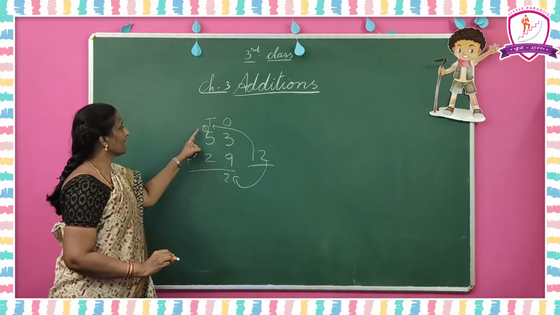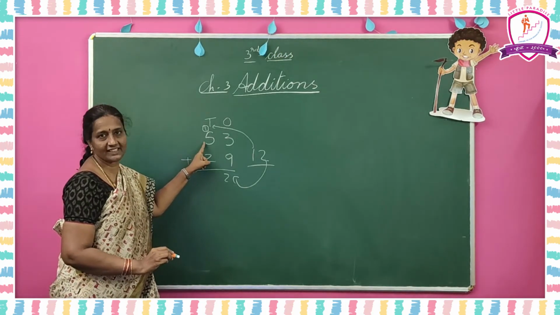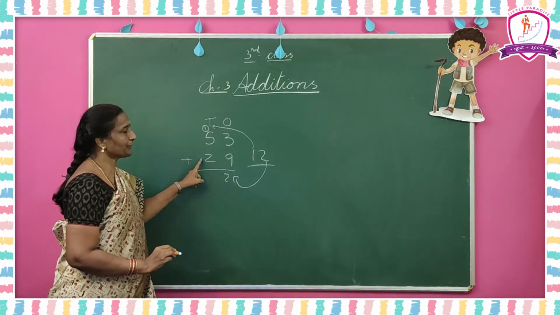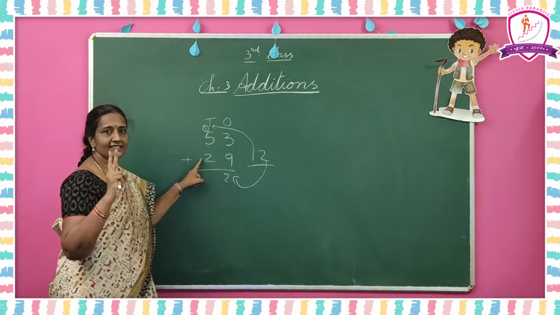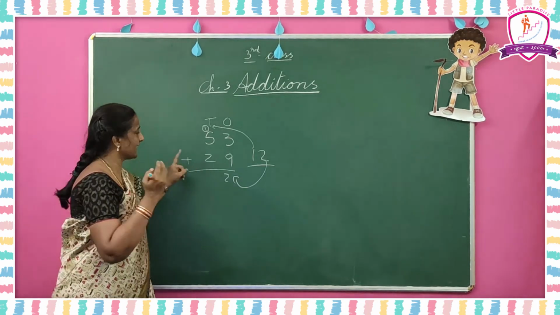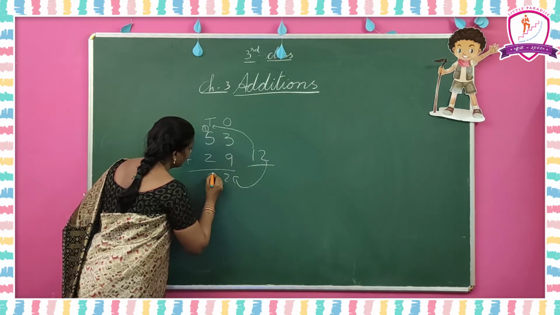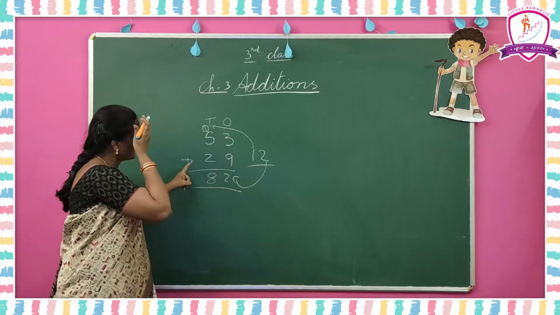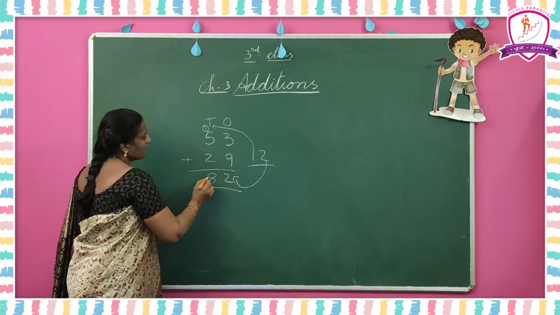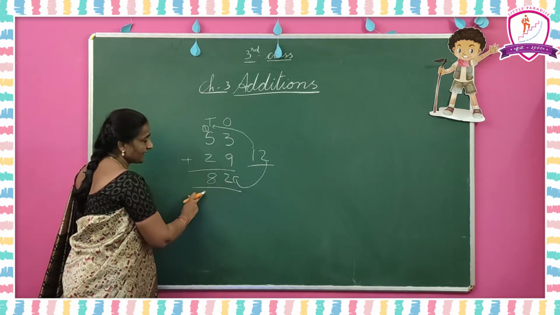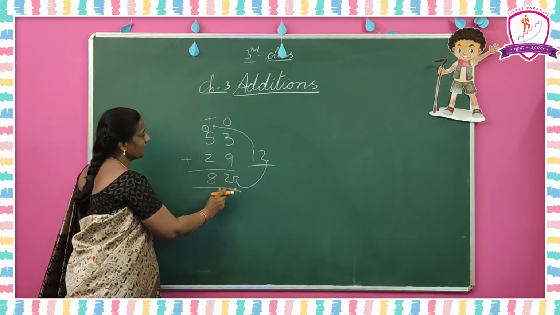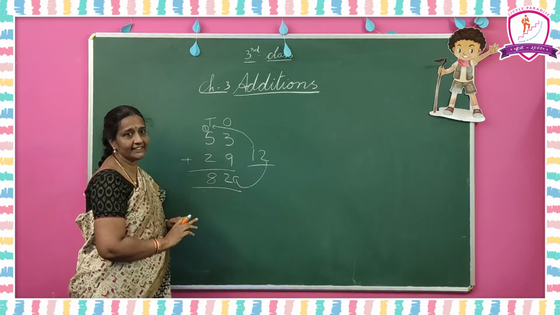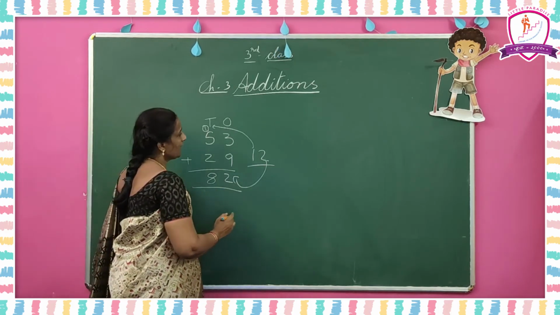Now add tens place. 1 plus 5. That is 6 we know. 6 plus 2. Take 2 fingers. 6 after 7, 8. Write 8 in tens column. Our answer is 82. In 82, how many tens? 8 tens and 2 ones. Okay, is it clear? Go for the next one.